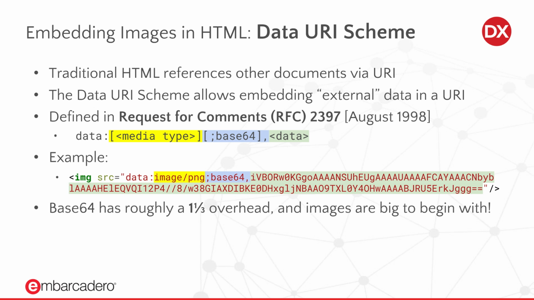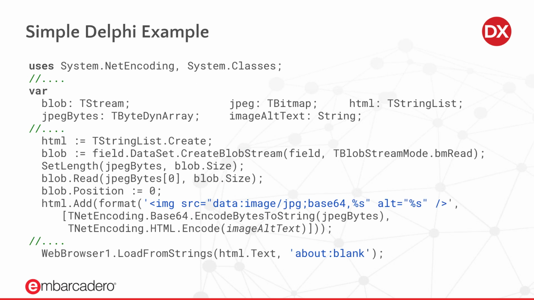Images are bigger than HTML to begin with, so watch out, your HTML file could really balloon doing this. Here's some example code. We're using net encoding, putting it into a stream, putting the stream into a byte array, and then right here encoding bytes to string. If you're putting HTML in your HTML, make sure you use HTML encoding though, so you don't get rogue greater than symbols, less than symbols.